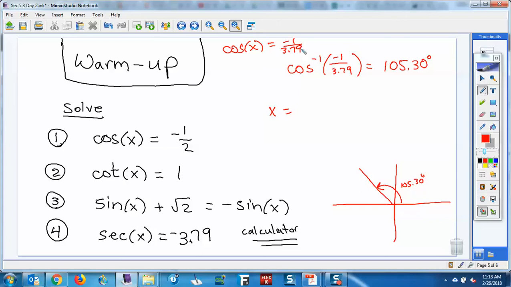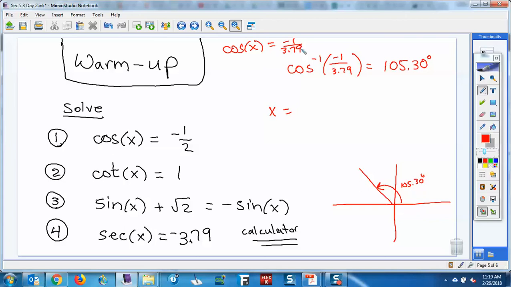Okay, inverse cosine of -1 over 3.79. Now it's not surprising that it gives it to us in the second quadrant because that's where cosine is negative. But we've got to do more than that, right? Understand that when we go to our calculator to solve a trig equation, it's only going to give one answer. That's going to give us our reference angle. It's up to you then to draw your other one.